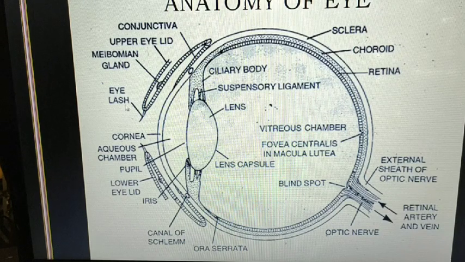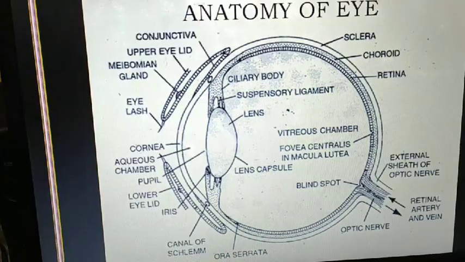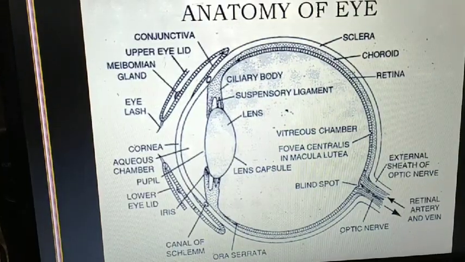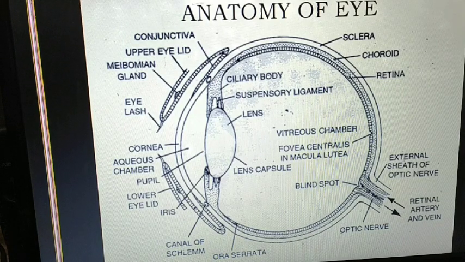Next, the middle layer is a vascular layer or the vascular coat, and this vascular coat contains choroid, ciliary body and suspensory ligament, then iris. So choroid is a pigmented layer and it lies just beneath the sclera.